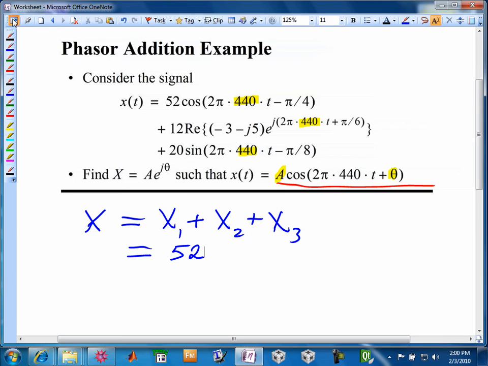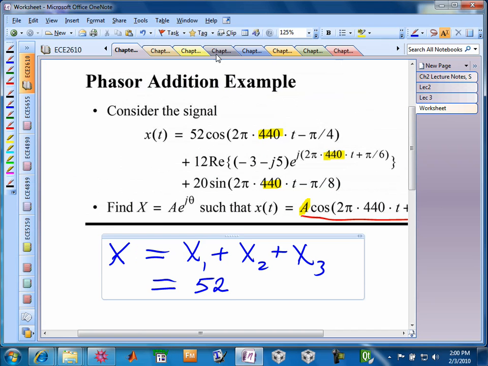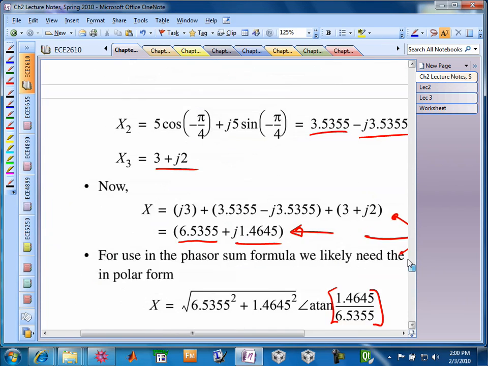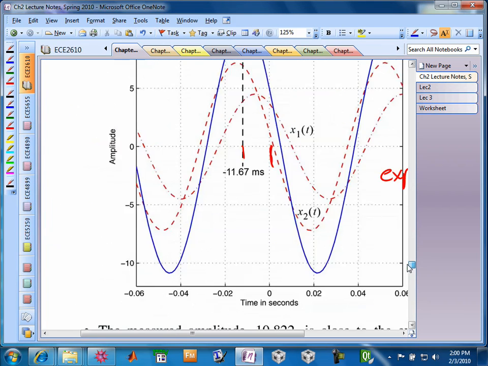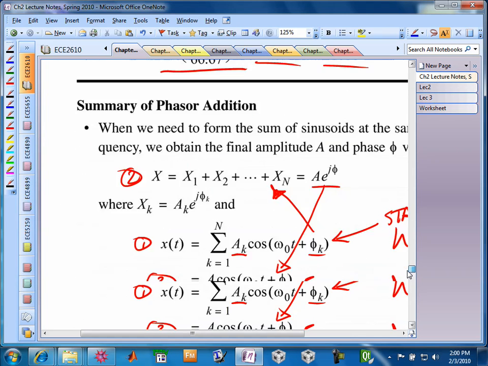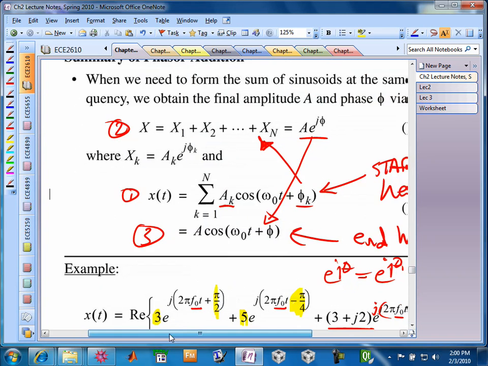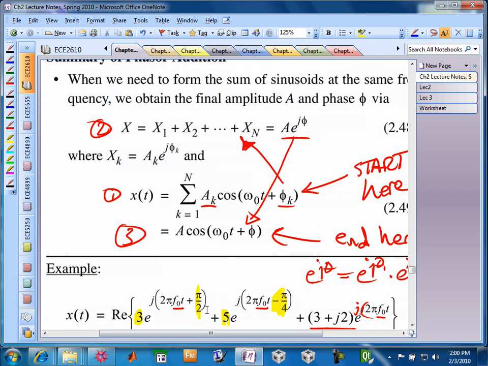Maybe I need to jump back for a second and get you on the right page here. If I scroll back up here in the notes, I had this summary in here, and the summary said if we're starting right there at step 1, we have a sum of cosine waves.